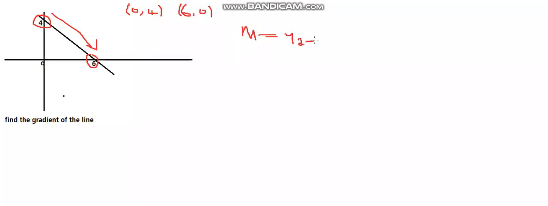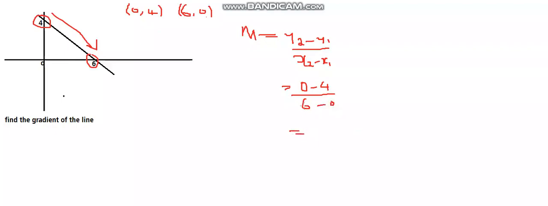Then we can go on and find the gradient. Make sure you write the formula first: y2 minus y1 over x2 minus x1, will be equal to y2 which is 0, minus y1 which is 4, divided by x2 which is 6, minus x1 which is 0.